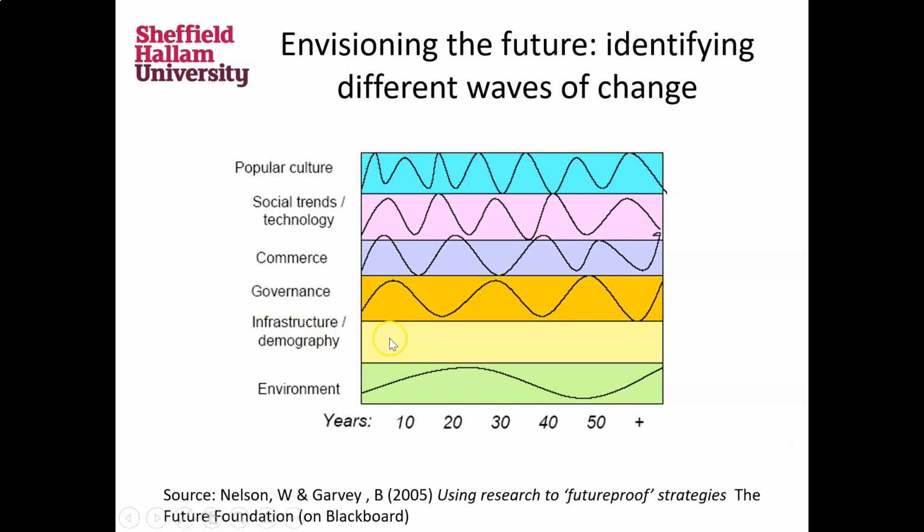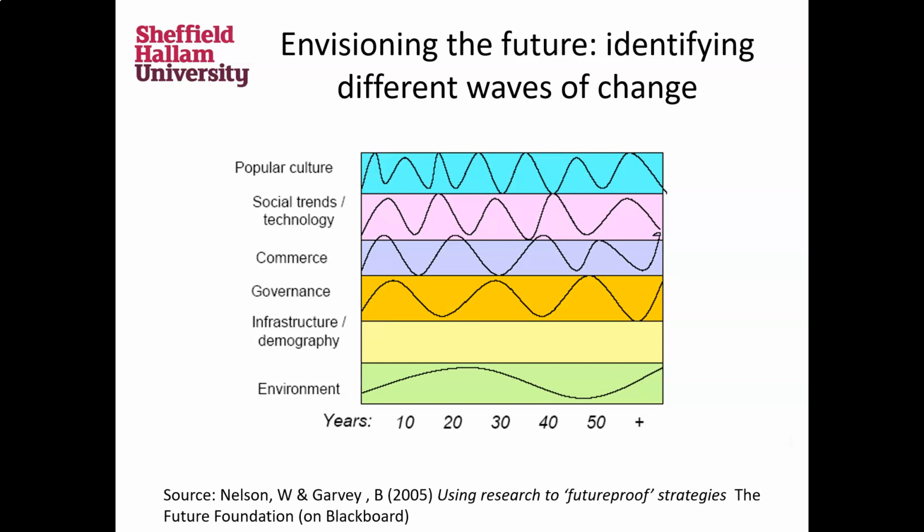Infrastructure and demography. Well, demography is very easy to predict. So demography means what's happening to the population, I suppose. And really what we can see is that, given the birth rate, we know what the birth rate is this year. Therefore, we know in 20 years, roughly how many 20-year-olds we will have, and in 40 years, how many 40-year-olds there will be. So we can forecast population change relatively easily.